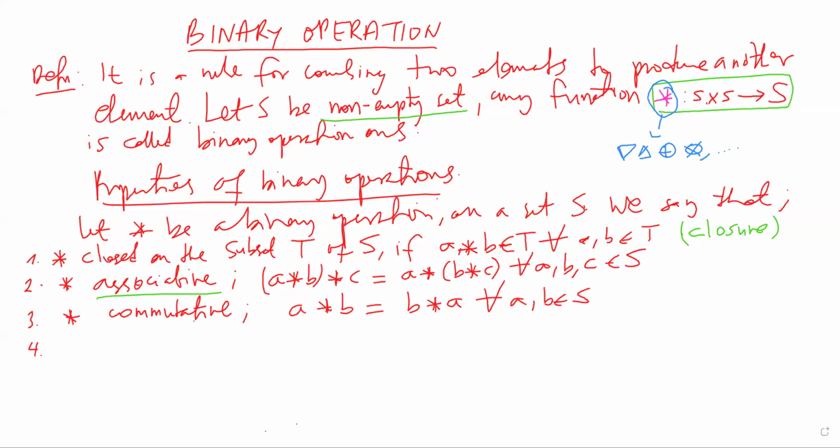Then four, we have what we call the distributive property.